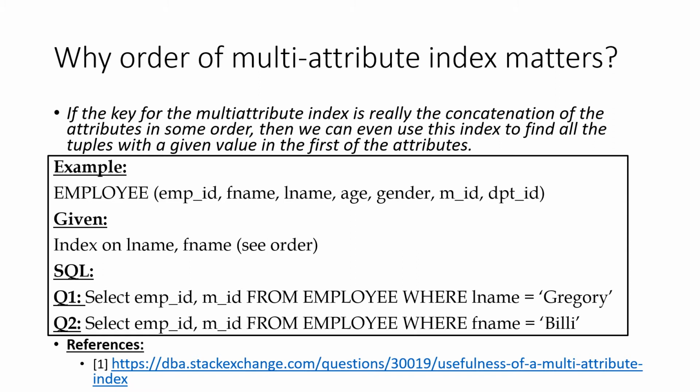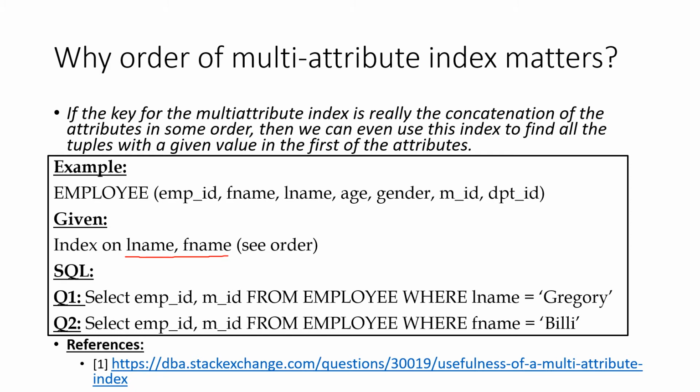We have a table here named employee with employee ID, first name, last name, age, gender, manager ID, and department ID as its attributes. And we have created an index on the last name and first name, and you should see the order. Last name comes first and the first name comes later.